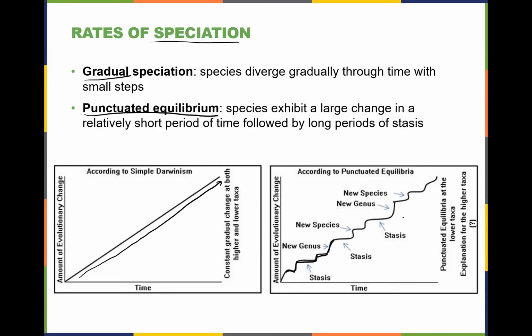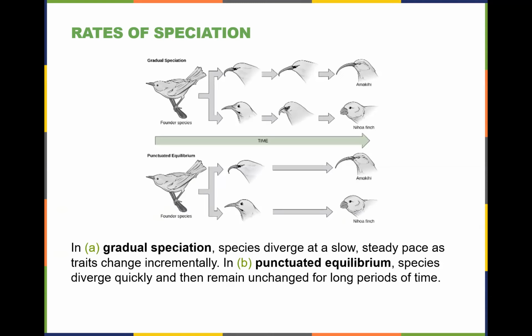So this is not gradual. They have the period we call stasis, a period without change, for many years. Okay, so this is what we call punctuated equilibrium. This is the illustration of the difference between gradual and punctuated equilibrium speciation.